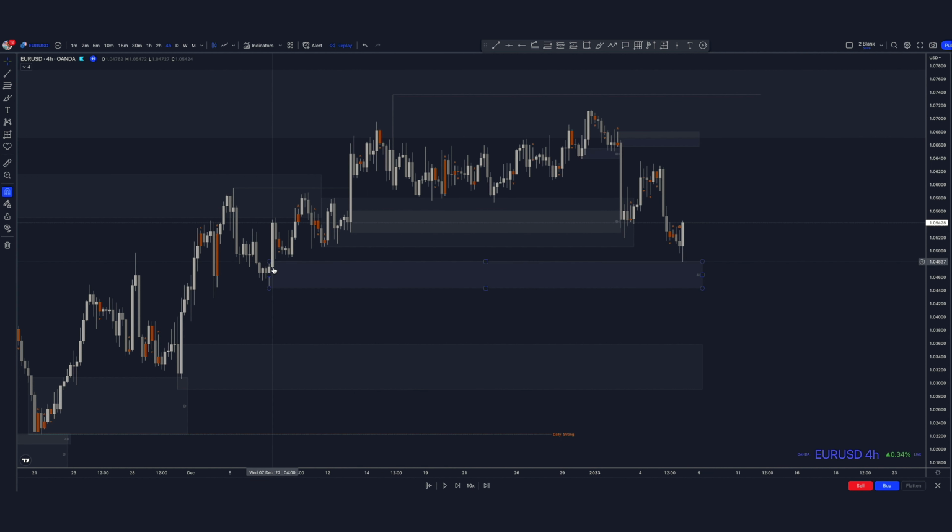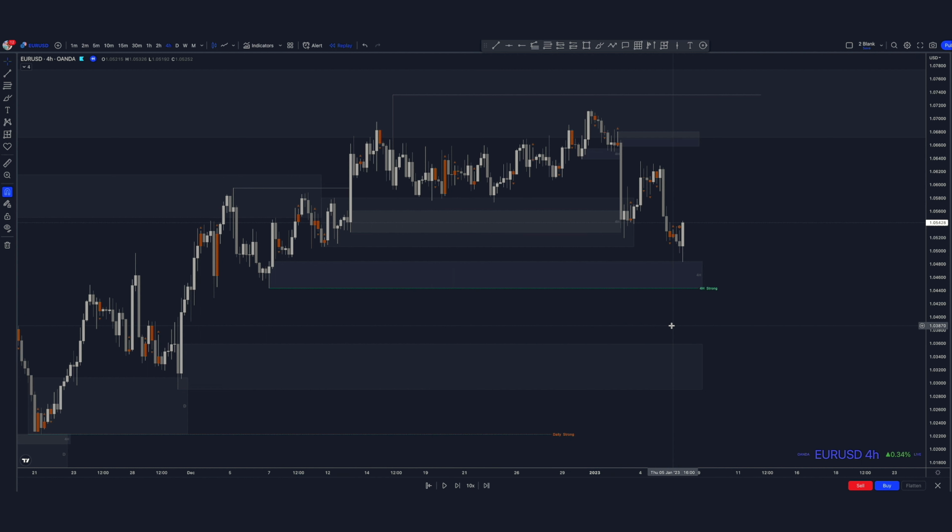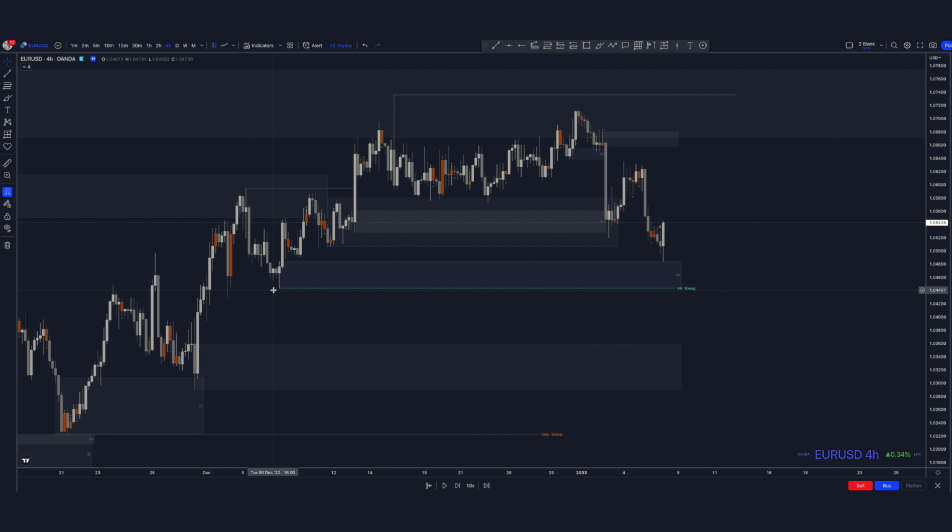Okay. So we had this push, pullback, push again. All of this doesn't matter as long as the swing is still bullish because price hasn't broken this low yet. So we still have this as our strong 4 hour low, which will be that. Okay, so we are still inside a bullish swing.